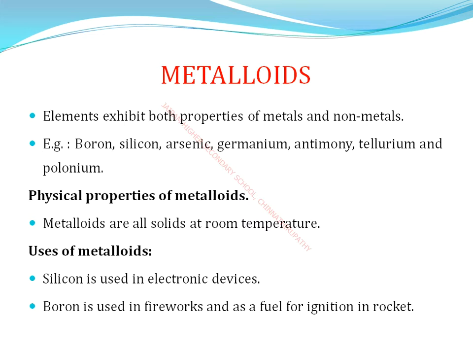Why do we call these metalloids semiconductors? A conductor is capable of conducting electricity as well as heat. A semiconductor is a metal or a non-metal which doesn't naturally have the property of conducting electricity or heat, but we make it behave as a metal, a good conductor of electricity and heat.